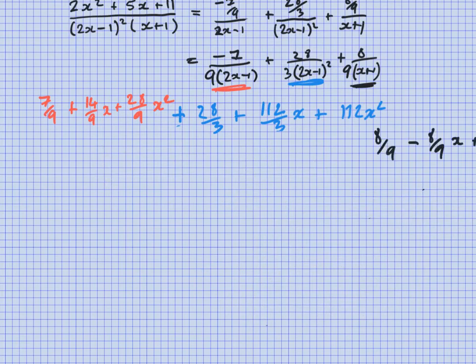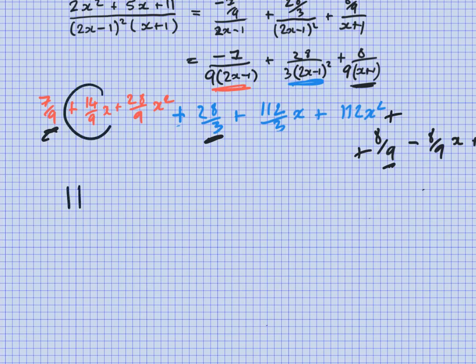Right, now to finish off, we just need to add all of those bits up. So we see we've got 7 over 9 plus 28 over 3 plus 8 over 9. I reckon that's a job for a calculator. So I think 7 over 9 plus 28 over 3 plus 8 over 9 gives 11.